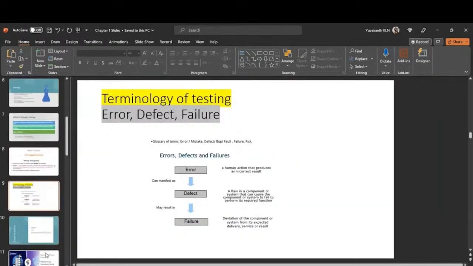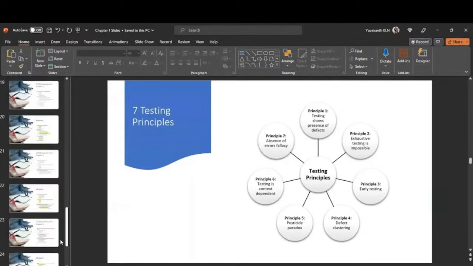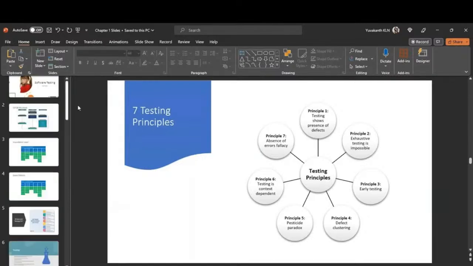We also understood the different causes of defects, and then we'll have a questionnaire on this. So in 2 to 3 days we can complete chapter 1.